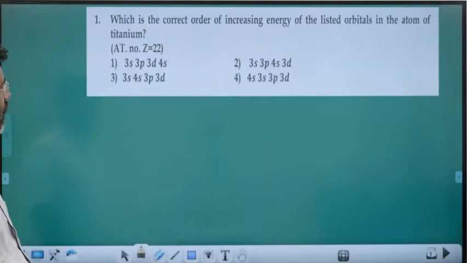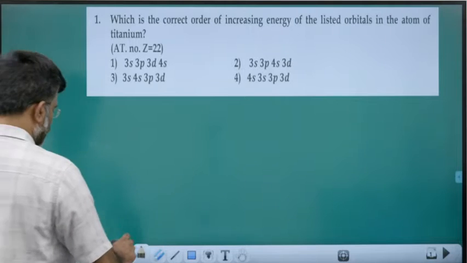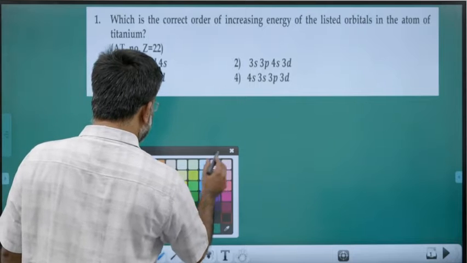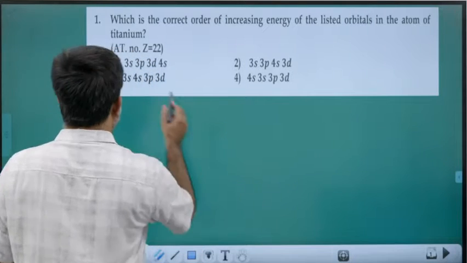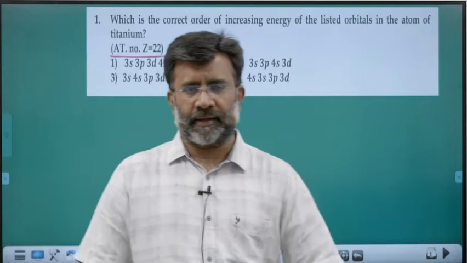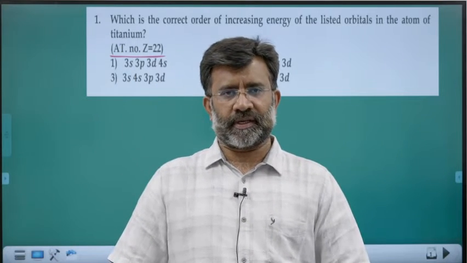Correct order of increasing energy of the listed orbitals in the atom titanium. You know titanium, atomic number 22, coming after scandium in the first transition series.